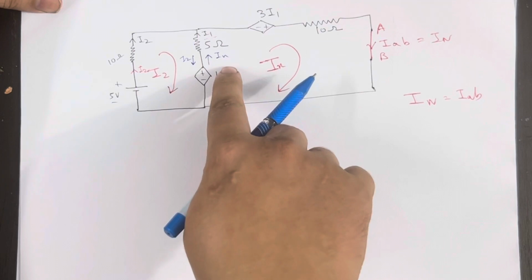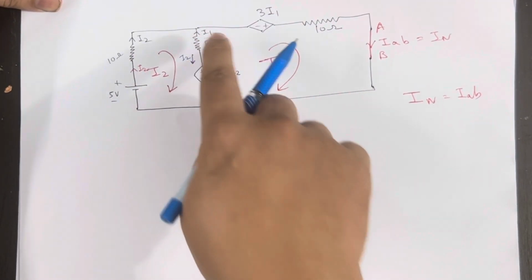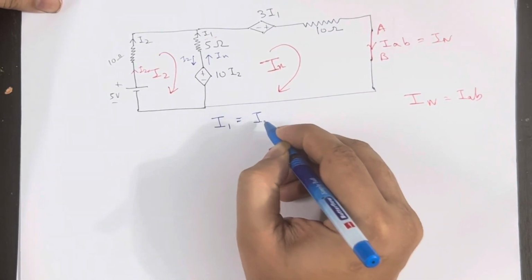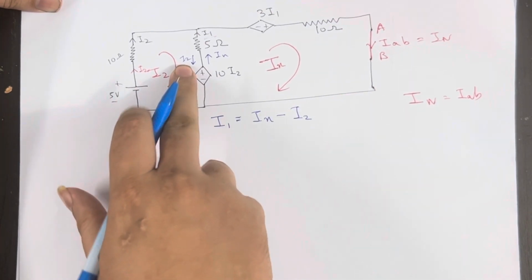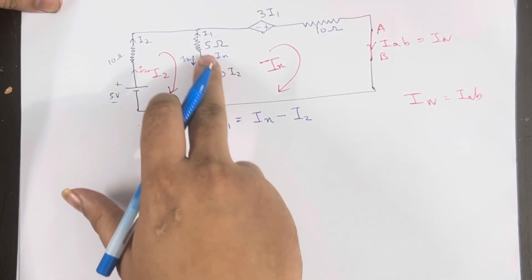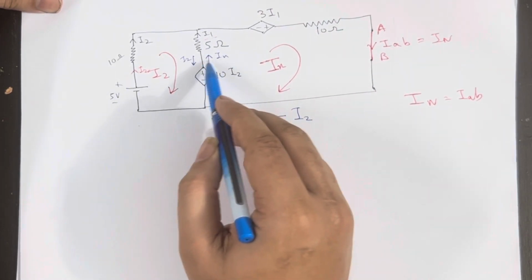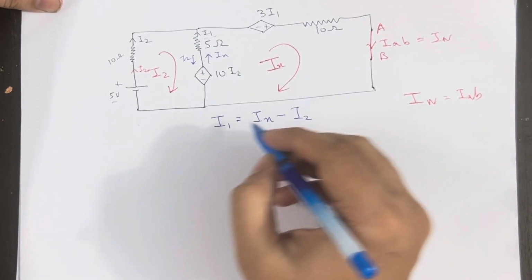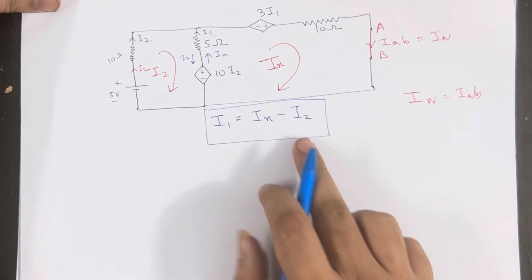Since Ix and I2 are flowing in the same branch whose net current is I1 in the up direction, I1 will be nothing but Ix minus I2. The summation of these two loop currents will be equal to the branch current. So we got the equation I1 equals Ix minus I2.